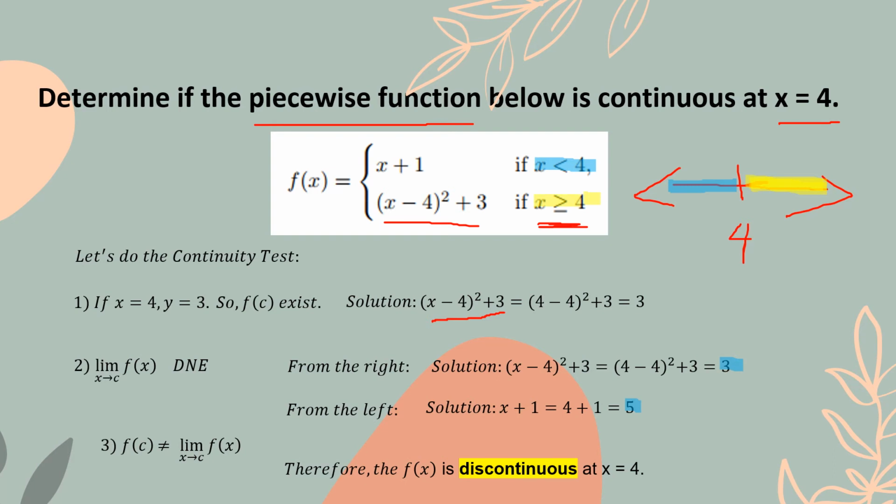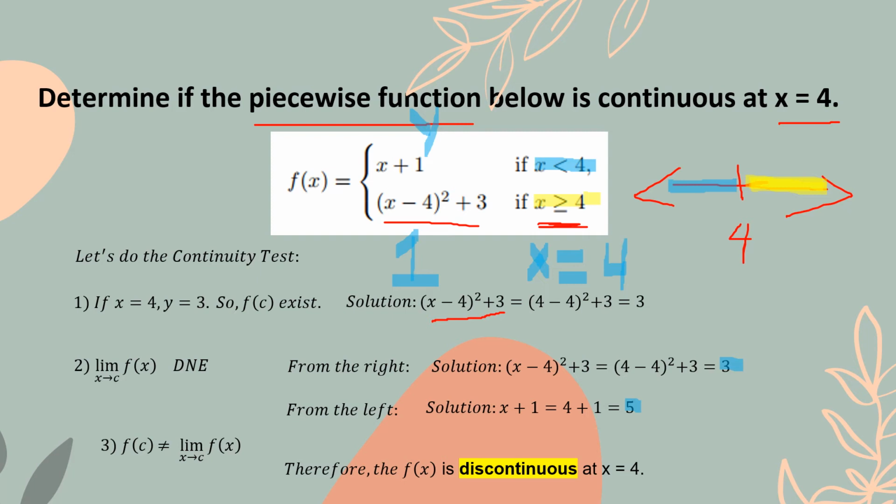For example, for this case, it is x greater than 4 only. If it is x equals 4, for example, the answer is 1. Always remember that the side with the function gives you the y value. So if you substitute the value of x, what comes out of the function is y, right?